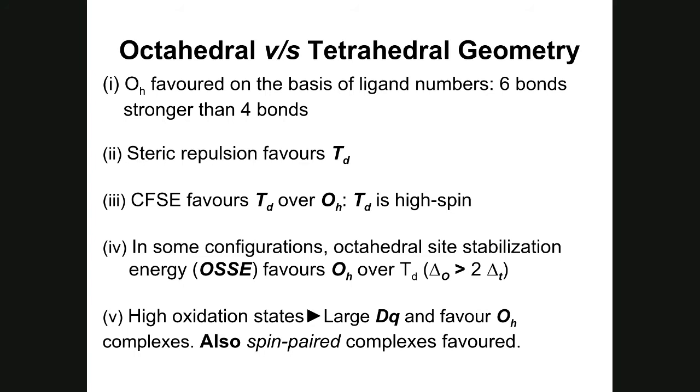But in a tetrahedron, between adjacent groups you'll have 109 degrees. 109 degrees is a bigger angle, and it will favor larger ligands. Because the octahedron is confined to 90 degrees, bigger ligands cannot be accommodated within that space. You can understand from that that large ligands will favor a geometry that makes room through the bond angles, if you like.